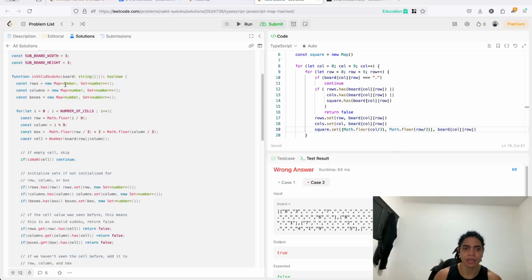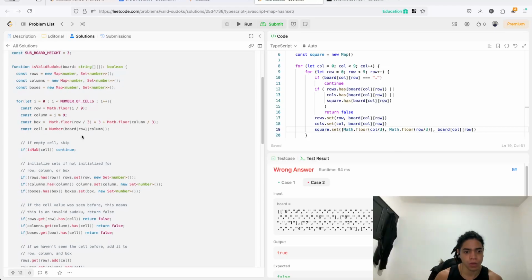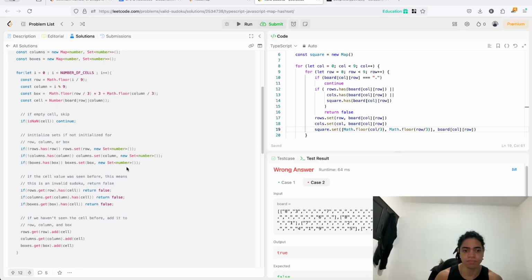Exactly, it's because it's this one. It's a map of number and a set.